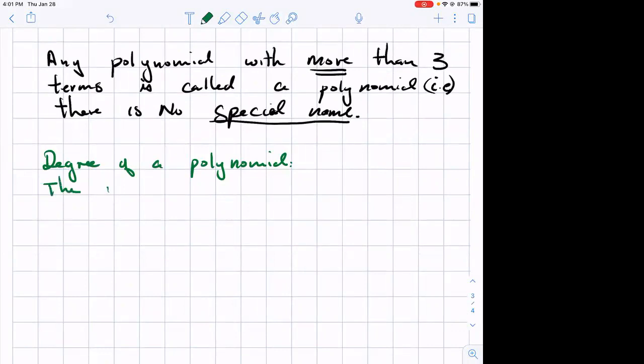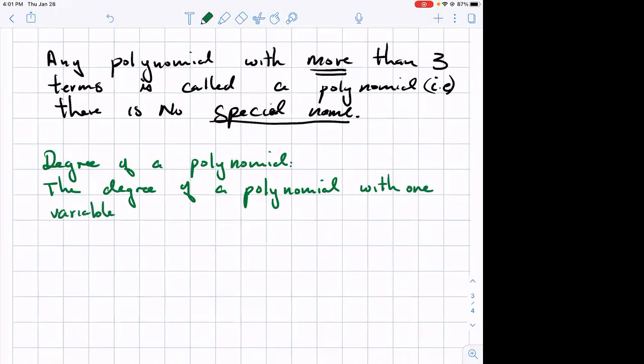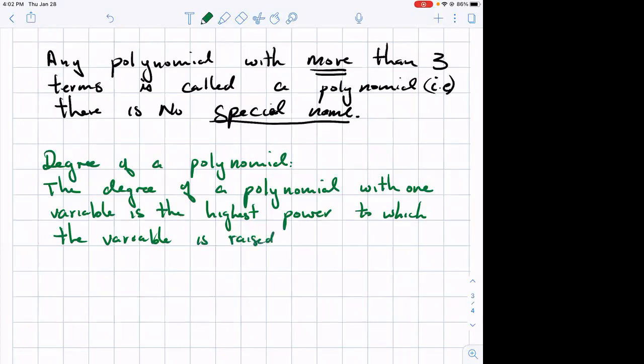The degree of a polynomial with one variable is the highest power to which the variable is raised in any one term.